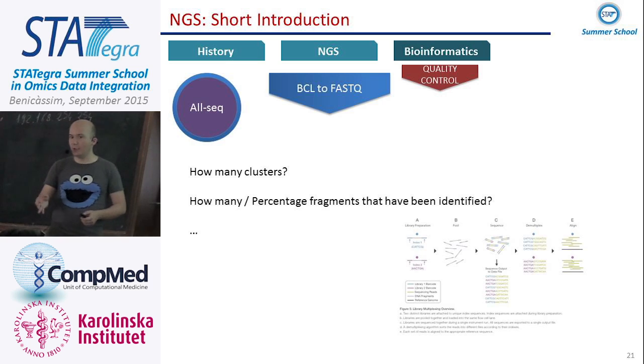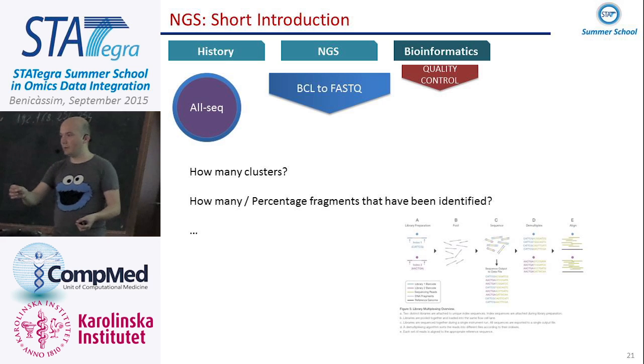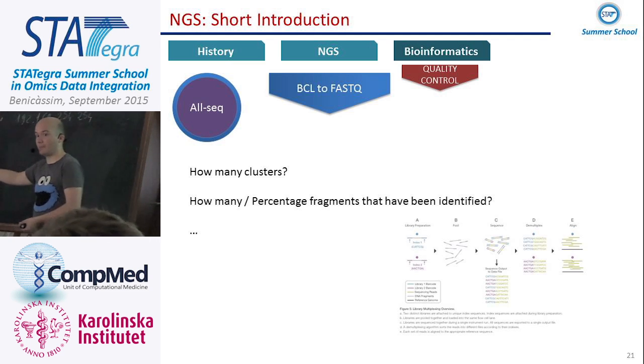The second point will be, okay, you have 1 million clusters, fine. But now, instead of having one sample, I'm using 3. That means that I have 3 barcodes. How many of those reads are getting assigned to any one of those samples? Because some of them maybe are not assigned to any. And why is that?